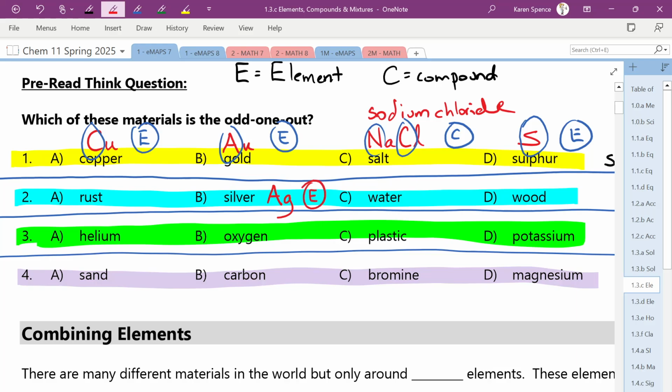Does anyone know what rust is made of? Oxygen and what else? It's a metal. Do you know what element rusts and makes all that red, crusty iron? Fe, yeah, so it's Fe2O3.